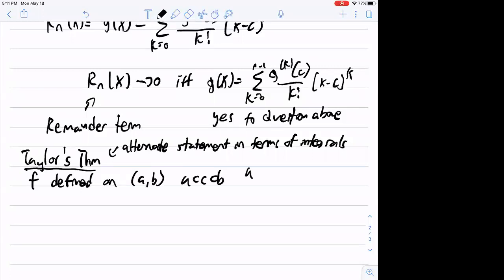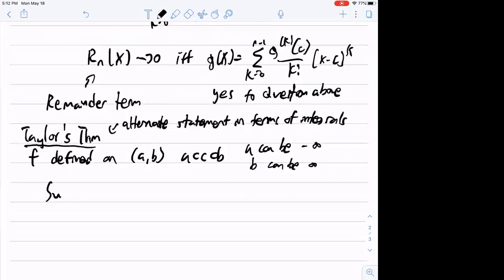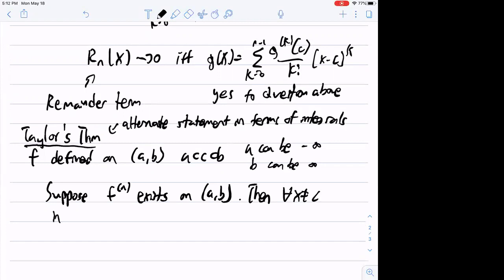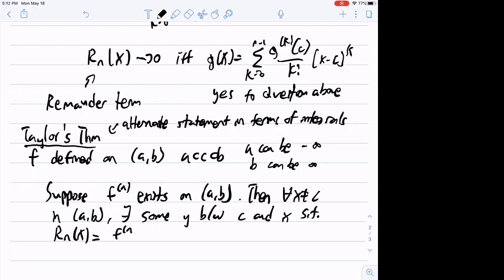Of course, a can be negative infinity, b can be infinity. And suppose f^(n) exists on (a, b). Then for all x not equal to c in (a, b), there exists some y between c and x such that Rn of x is f^(n) of y over n factorial times (x minus c) to the n.